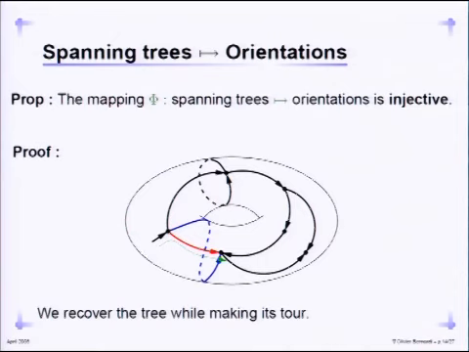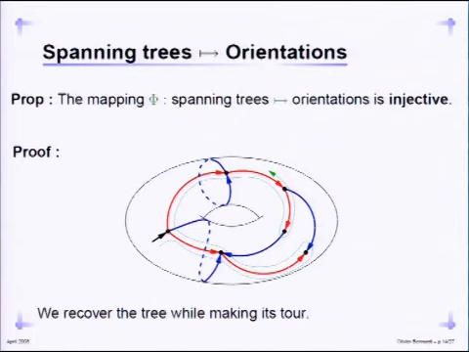And I decide like that. So I continue my tour, I encounter this edge, I see that this has to be internal, and like that I'm able to decide on each edge and recover the spanning tree. So this is indeed injective.